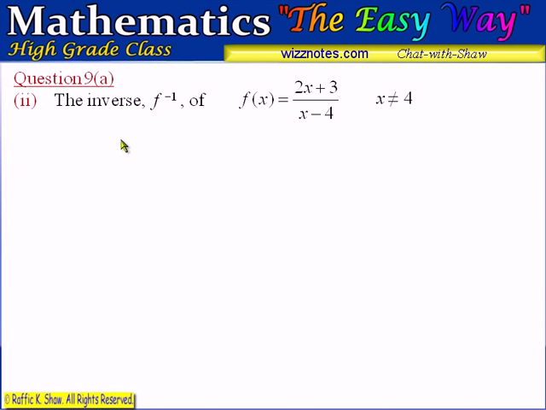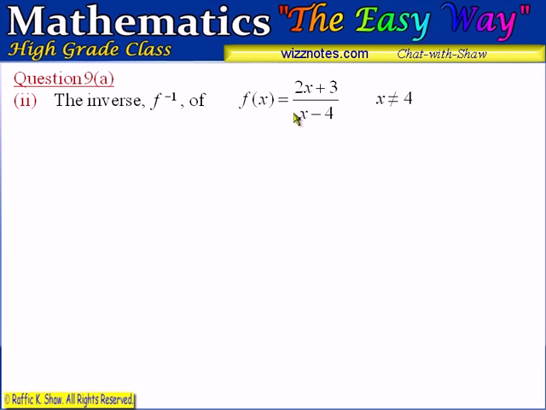Now part 2 is asking us to find the inverse, to find f to the minus 1 of this function. Now, the inverse function is obtained by interchanging the representation of the domain with the representation of the range of the function.